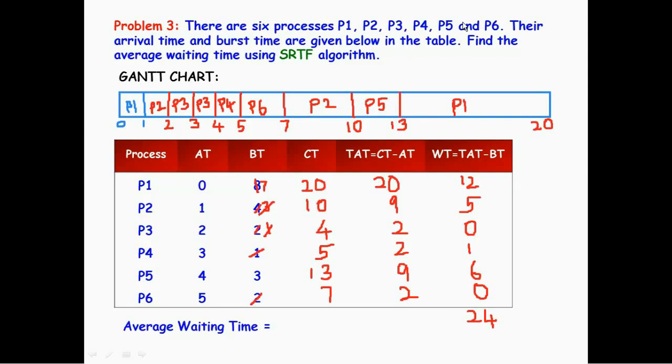So for our problem, average waiting time is equal to 24 divided by 6. This is equal to 4 milliseconds. Assume that all the time units were taken as milliseconds. So this is the average waiting time for the given problem using SRTF algorithm.